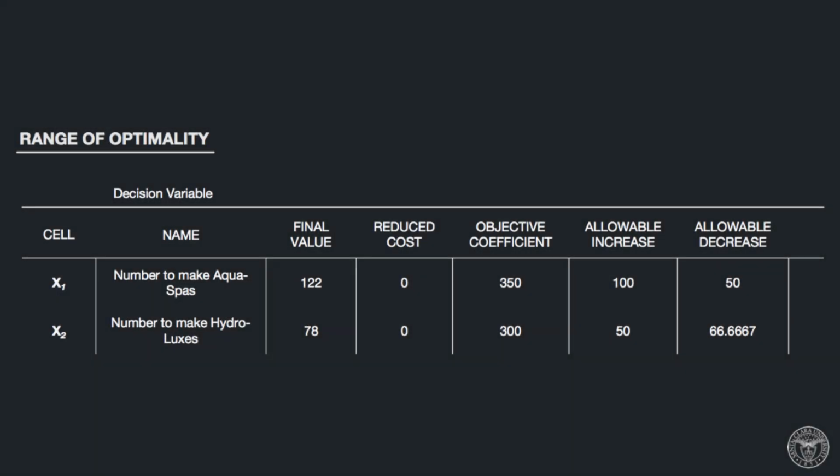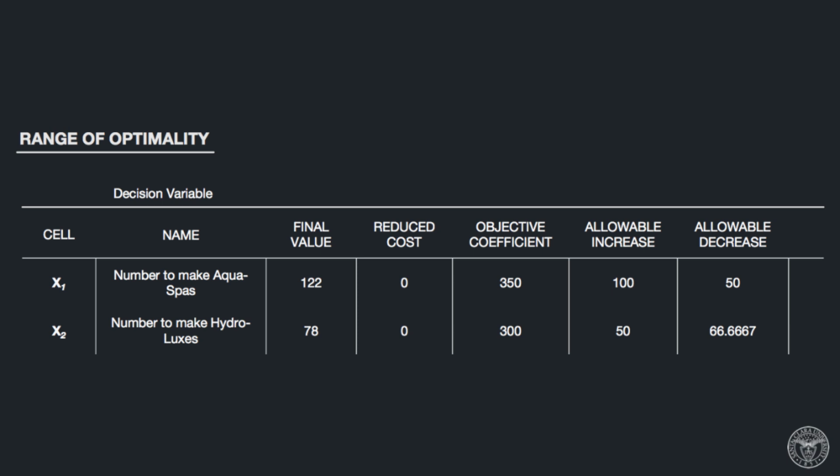Actually, after we run the Excel solver, we can obtain a table we call the sensitivity table for the decision variables. In this case, you have x1 and x2, and we know that the optimal solution for x1 is 122. The optimal solution for x2 is 78.